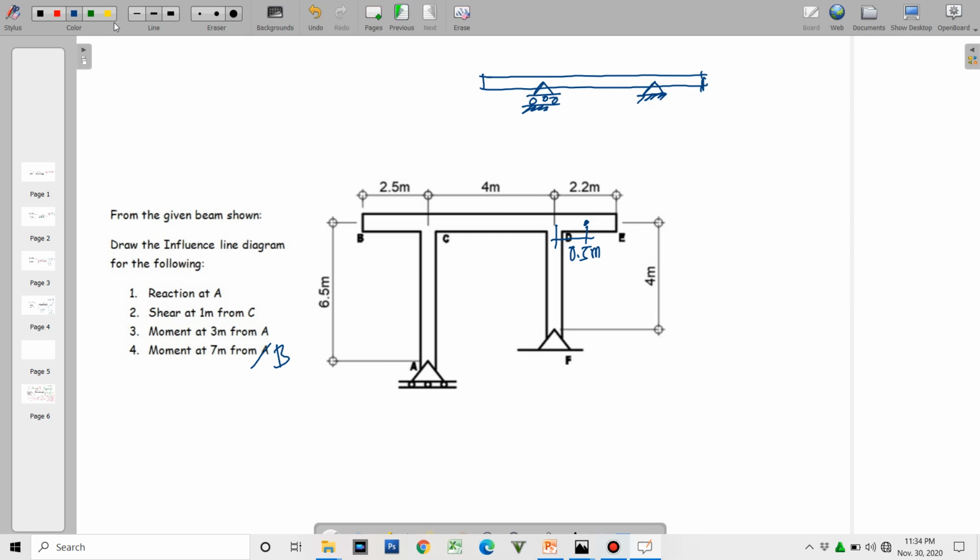So let us cut a portion and consider the left.